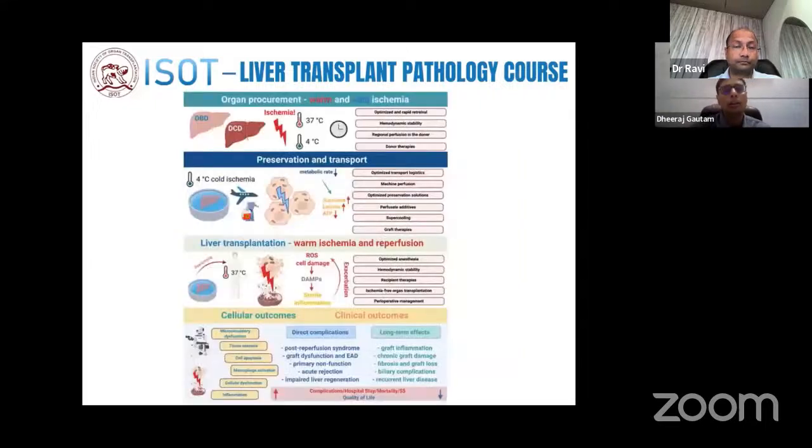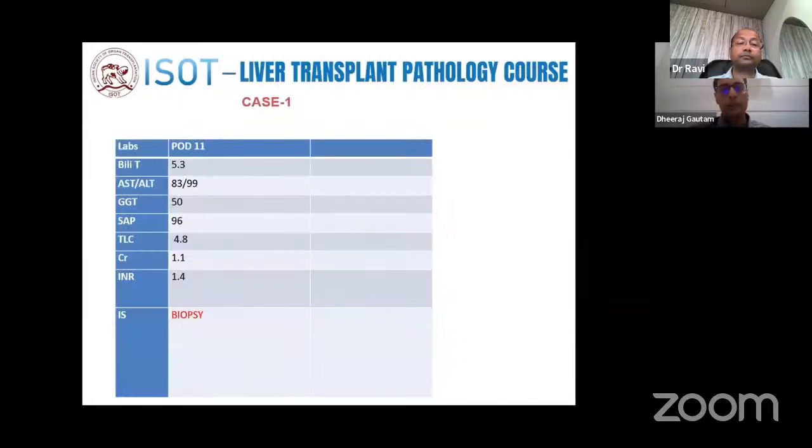In organ procurement, usually in LDLT it is warm, but in DDLT it is cold ischemia. But paradoxically, we have seen in the last 15-20 years that even in LDLTs, there is evidence of perfusion reperfusion injury. So this is the same repetition of the previous slides.